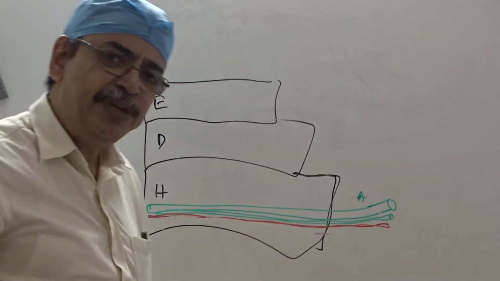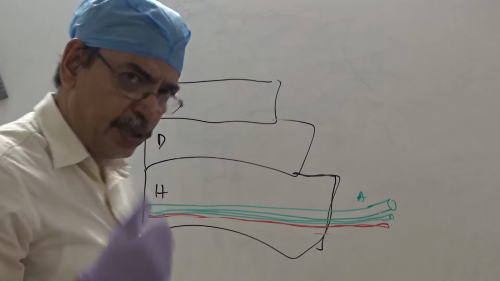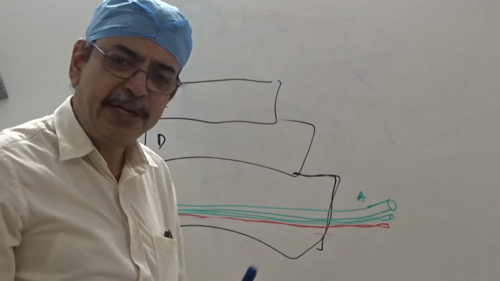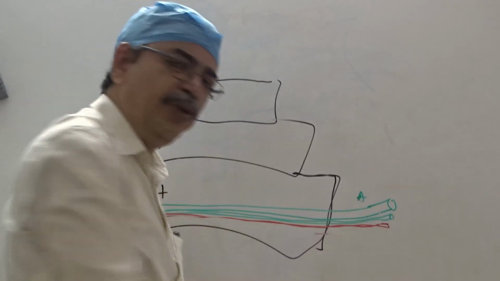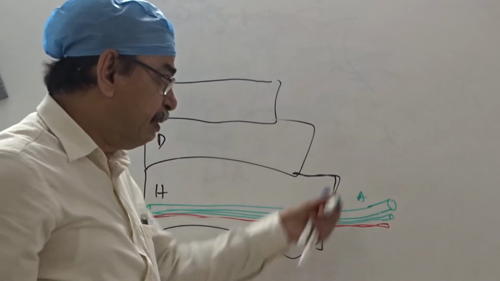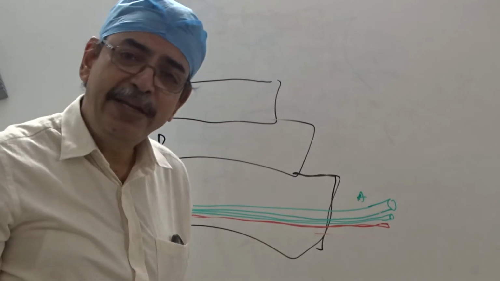A, or large diameter, is due to two reasons. One is its diameter is more, maybe the diameter of a neutrophil, and they are also myelinated.